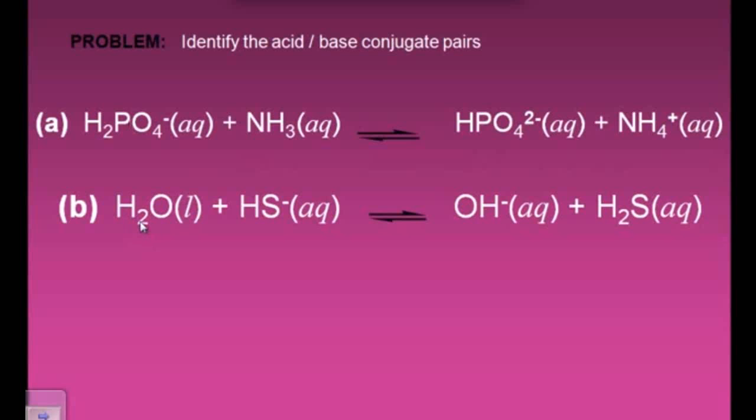Alright, so here we have water. It is donating an H plus, so it's acting as an acid here, and this becomes its conjugate base. And we have HS. It is picking up the hydrogen, so it is acting as a base here. And now that it has the H picked up, it's a conjugate acid because it's available to lose the H plus.